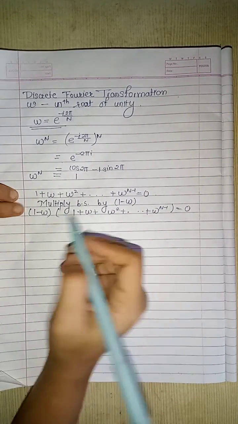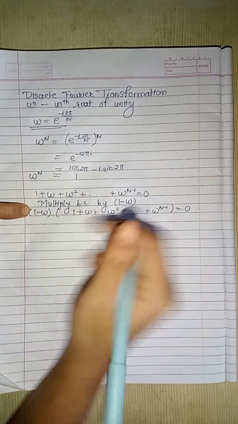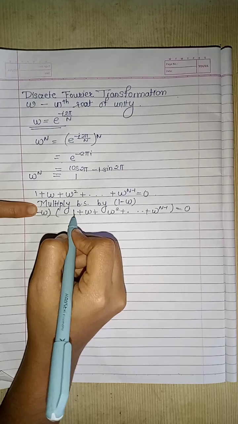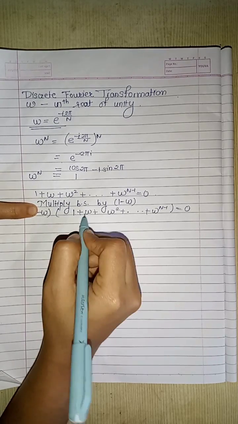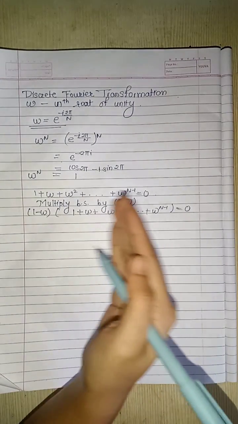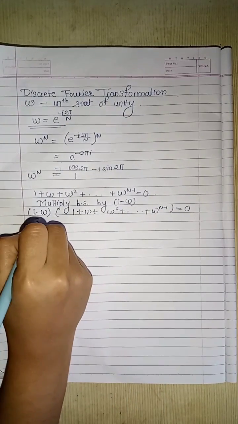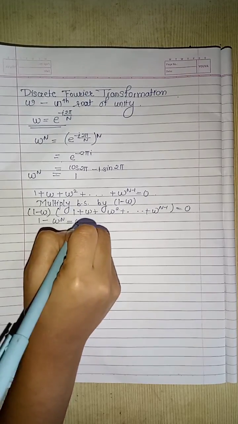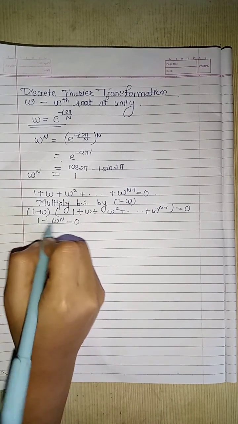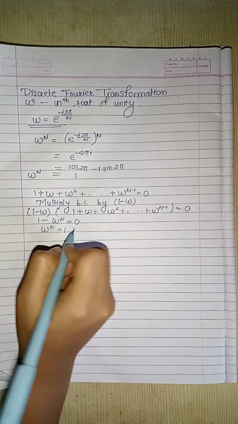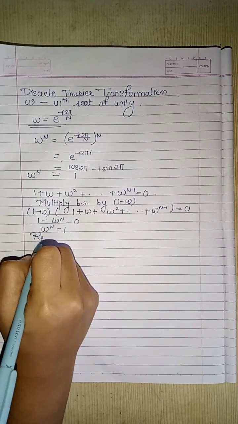This will give you 1 into the entire bracket as it is, minus omega into the bracket. So this minus omega and this omega will cancel out. Similarly all the terms will cancel, and what will be left is 1 minus omega raised to n, which is equal to 0. So omega raised to n equals 1.